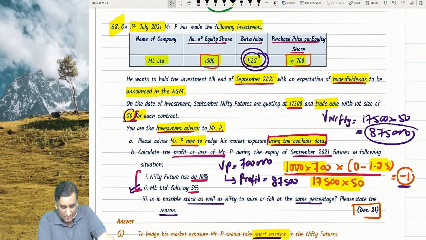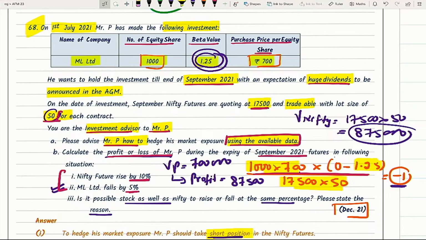Now show the second and third. The key part is exactly the same way: Nifty future rises by 10%. I have done the same thing with you in the line chart. Try it out.